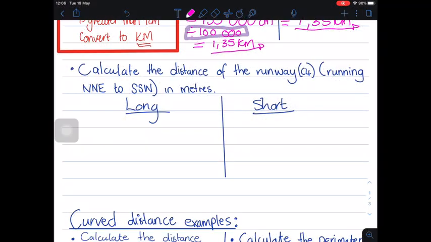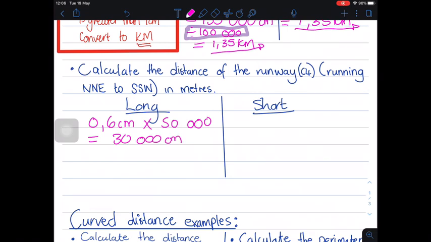So now in terms of the long method, we're going to measure that distance and we get 0.6 centimeters. We take 0.6 and we times it by the scale to blow it up. Okay, on the calculator, 0.6 times 50,000, and we get 30,000 centimeters.